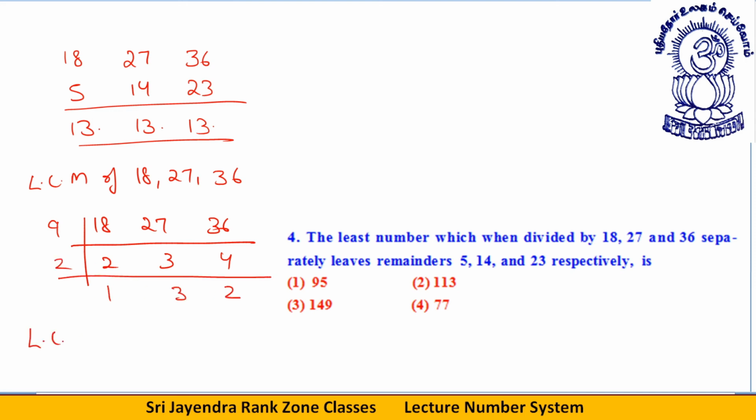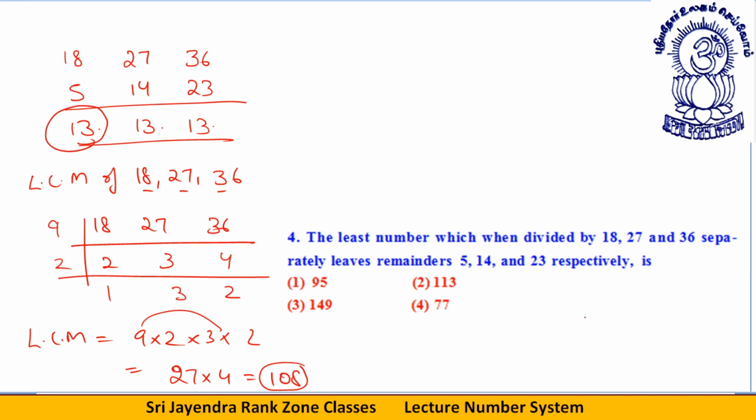So your LCM becomes 9 into 3, 27, into 4, which becomes 108. Okay, no, this is not your answer. This is the number which is the LCM of 18, 27, and 36. But we have a remainder of minus 13. Okay, so the required number is what?